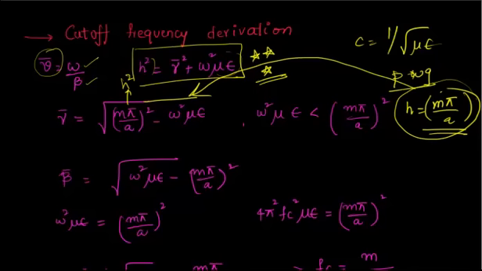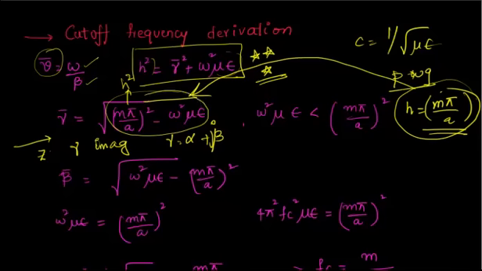Now if there should be propagation of the wave in the z direction, this gamma should be imaginary. Gamma is alpha plus j beta. If this is less than 0, then only it will be imaginary. That is this condition.